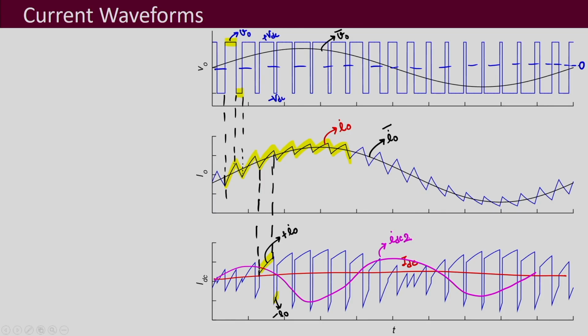And of course, the switching frequency component will be there, and finally this is your actual IDC waveform that you are going to see on the oscilloscope.